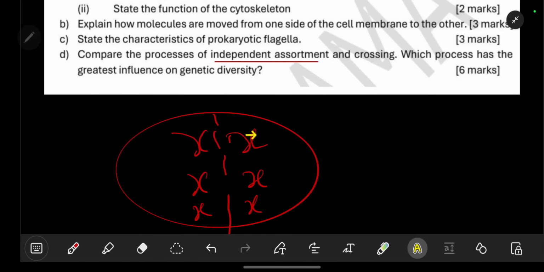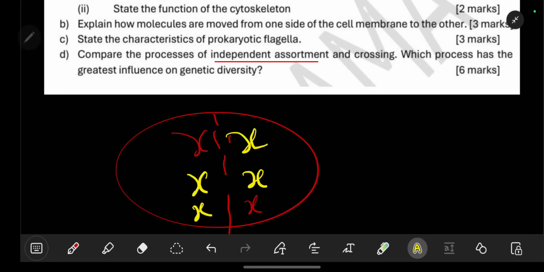So let's say the ones in yellow are from the mother, then the ones in red are from the father. So there's a possibility that chromosomes might align themselves in such a manner. It is not necessarily that one has to be there. They could reshuffle in as many ways as possible. We could have from the mother, from the father, from the mother, from the mother, and all that.